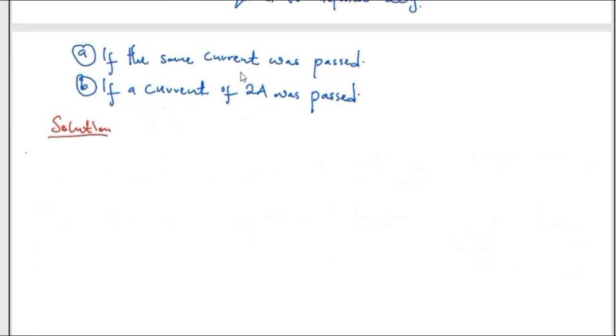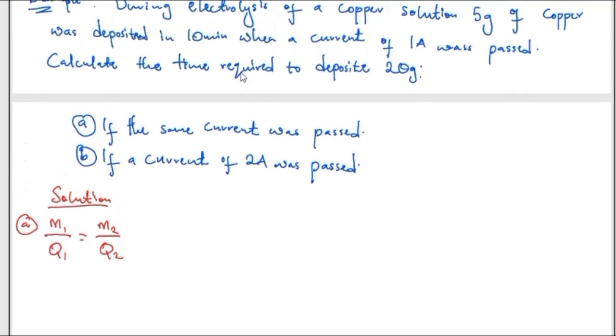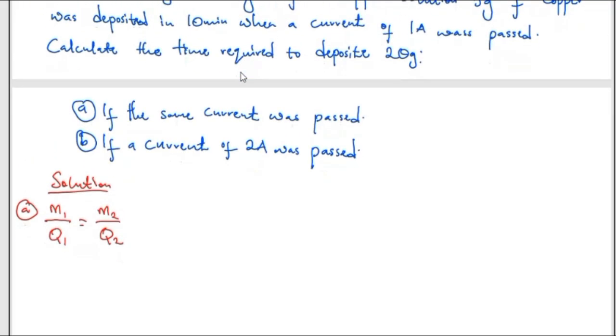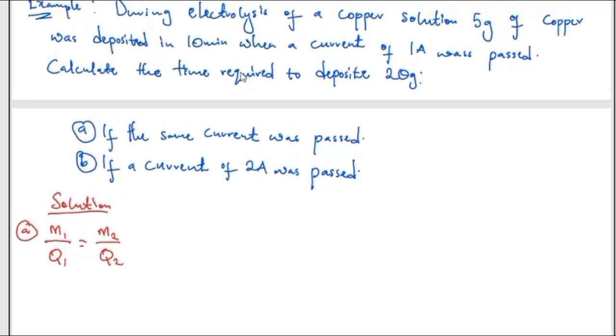For your A, remember that we said that M1 over Q1 is equal to M2 over Q2. So you want to write out your data. What is your M1? M1 will be 5 grams. What is my Q1?